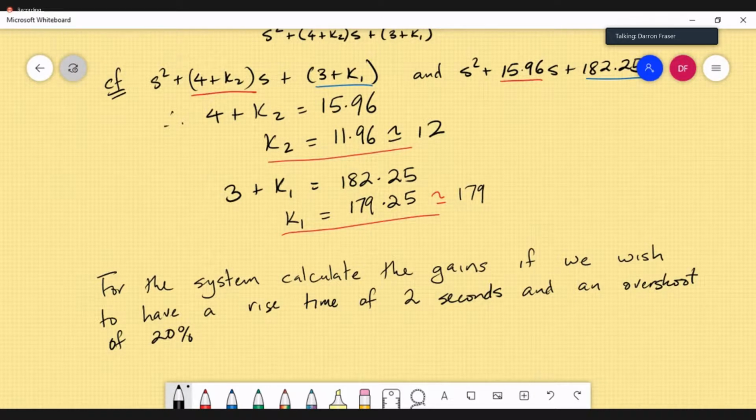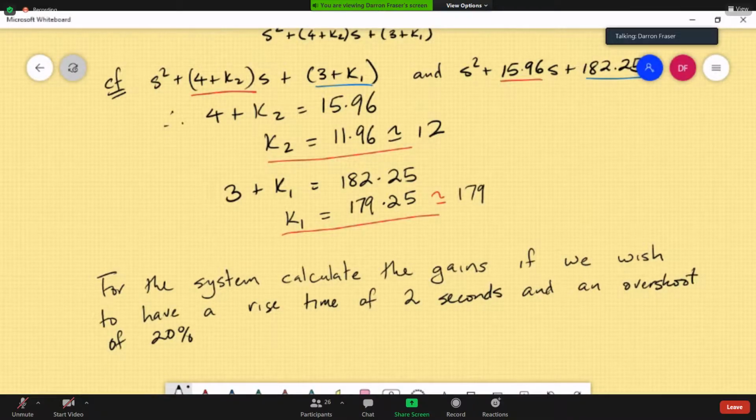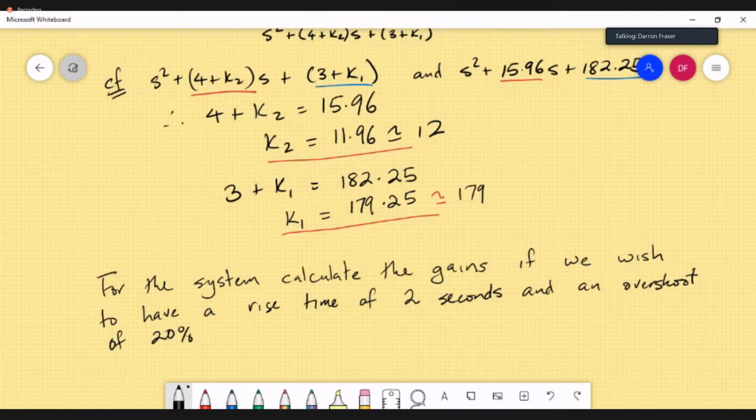Now, the seconds that we have here, depending on the industry, like with the bauxite industry, the rise time is usually somewhere of the order of 10 to 15 minutes. That's the time it takes the temperature to reach 1100 degrees.